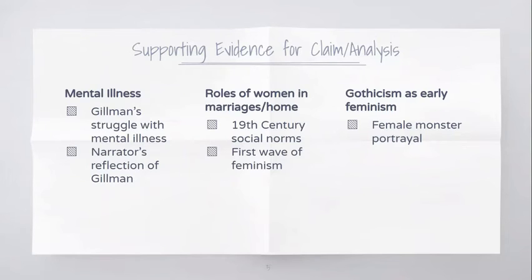Initially she just wrote this story, of course, as what I believe and what many critics believe, a commentary on questioning societal roles of women in their marriages, in their home, and how that led to the discovering, in the 1970s, of these waves of feminism, her being representative of the first wave, which focused on what she knew at the time, focused on her life as an upper to middle class white woman who was brought into a marriage and expected to act a certain way and not to have a mind of her own, and her struggles with that. And we see that in the narrator.